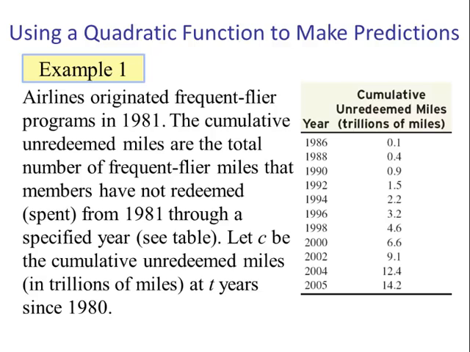Let C be the cumulative unredeemed miles in trillions of miles at T years since 1980. So this data starts at 1986. So in this case T is 6, T is 8 here, so on and so forth. This will be our independent variable. Our dependent variable is the unredeemed miles in trillions.